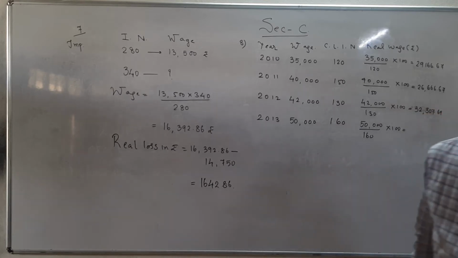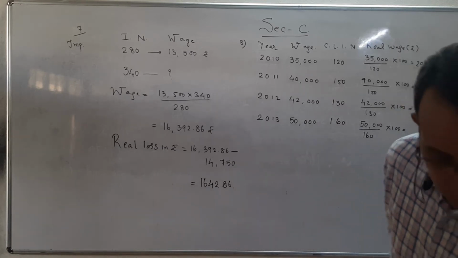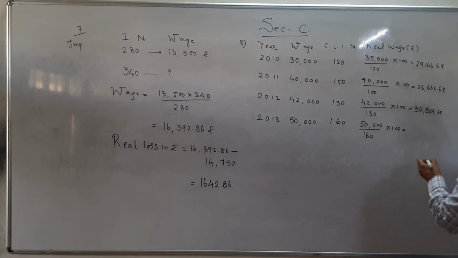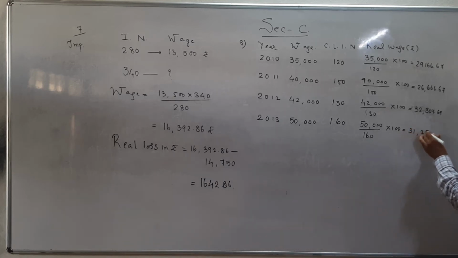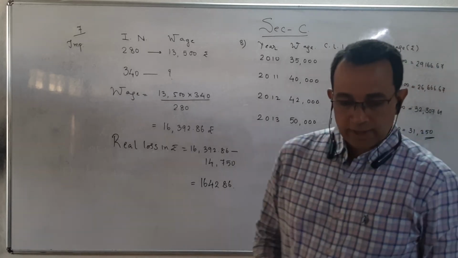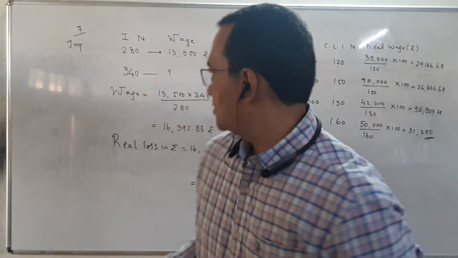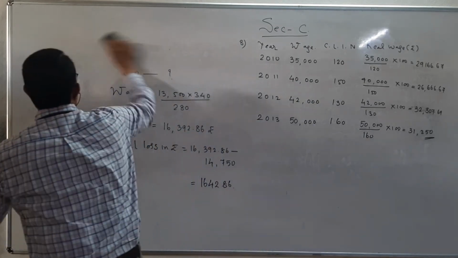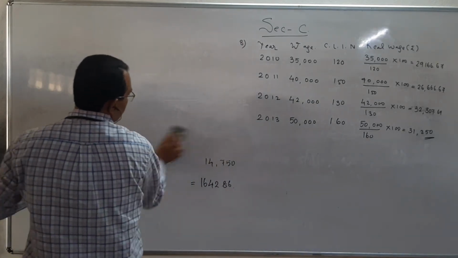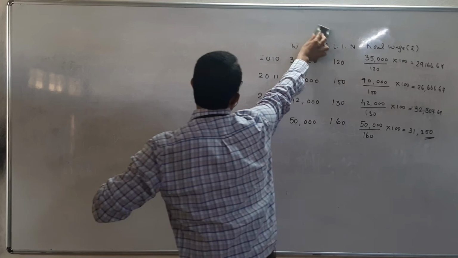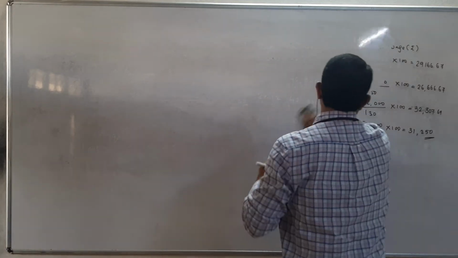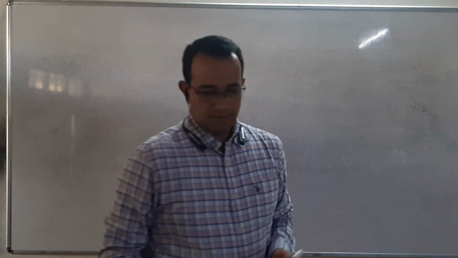And the last is 31,250. So this is how, students, we calculate the real wage, and I think this is very easy. Do not worry, students. Only one formula: the real wage is equal to wage upon cost of living index number into 100. Okay, next question number 9.